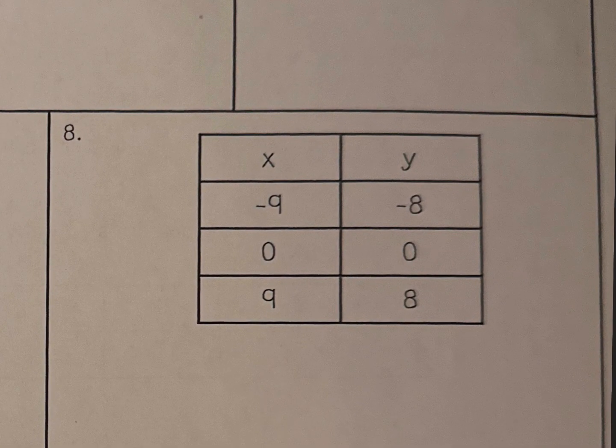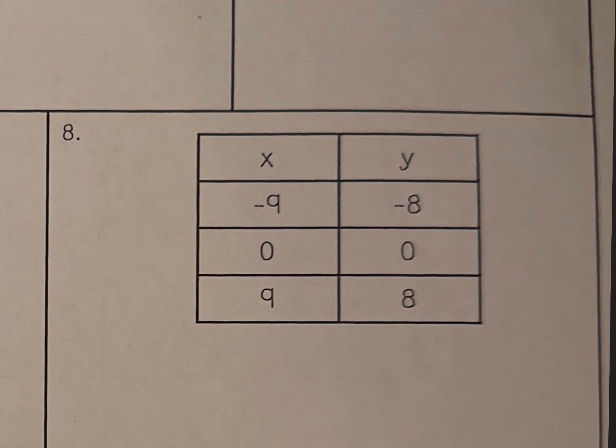Okay. Let's look at this one. And again, we're going to cross multiply. This is proportional because when I cross multiply, -9 times 0 is equal to 0. -8 times 0 is equal to 0. That means that it's proportional.